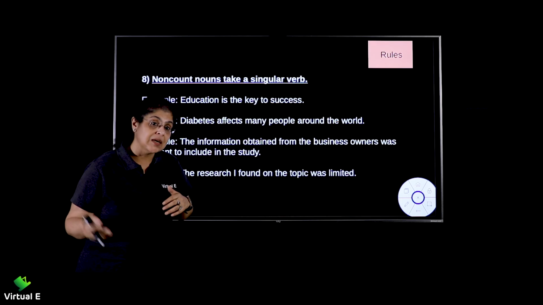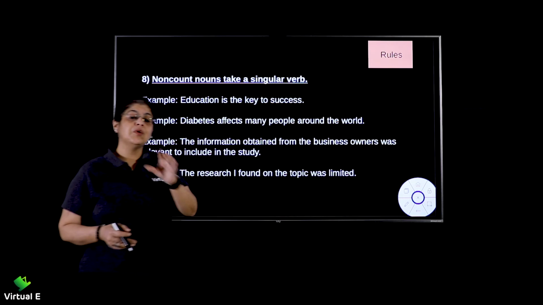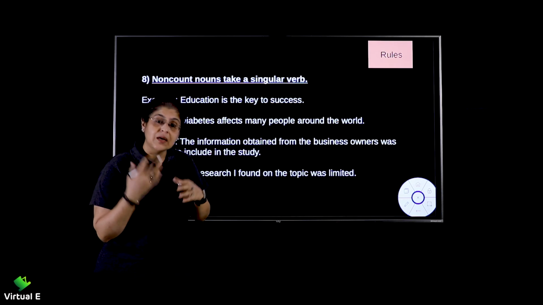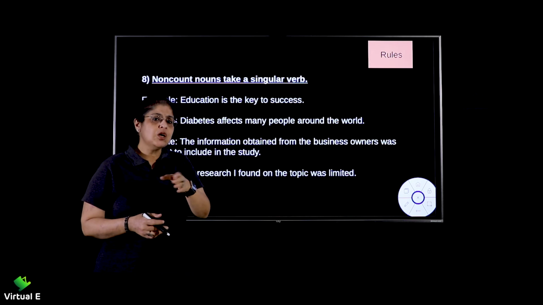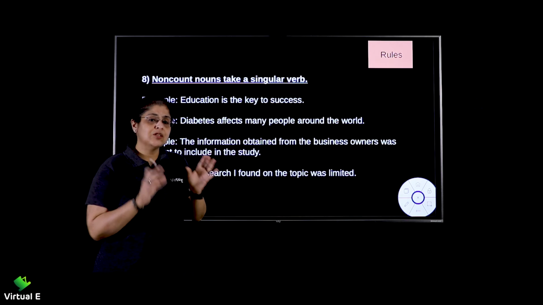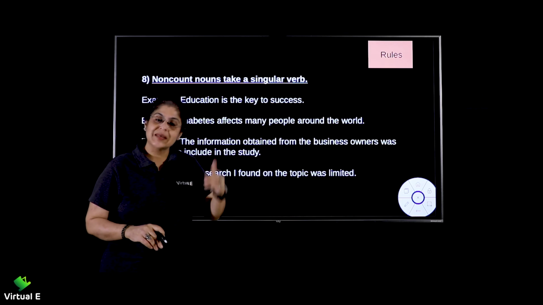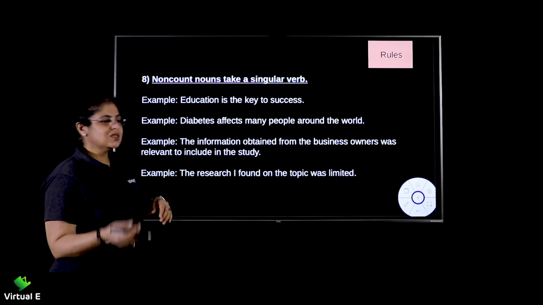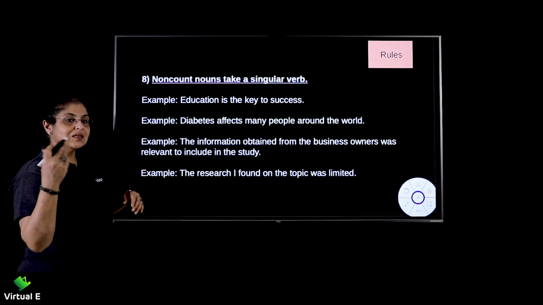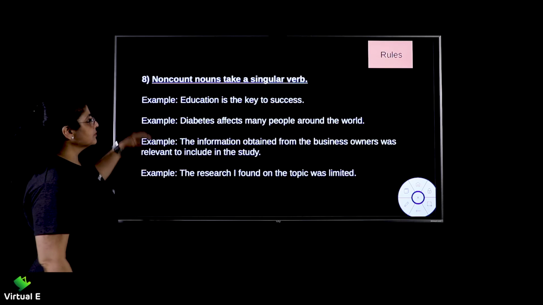Also, uncountable nouns take singular. So, if you really want to learn it in a smarter manner, in your book, just make two columns, which will take singular verbs and which will take plural verbs. You will get the list right in front of you. Just a little bit of an effort, but it's a lasting impact.